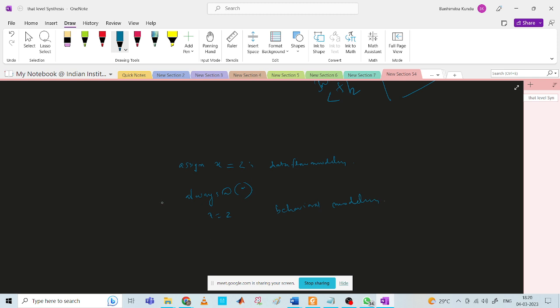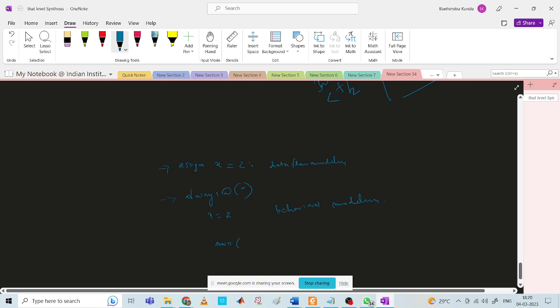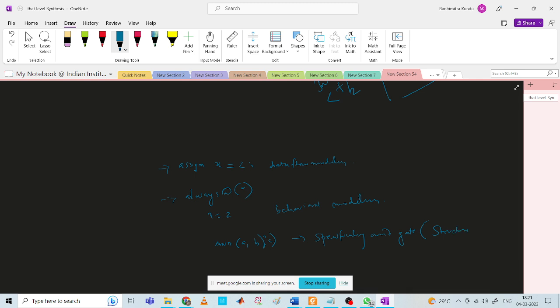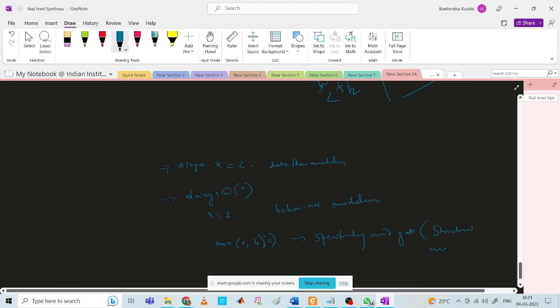And then when we have something like, let's say, and a b, okay, and let's say c, so you are specifically calling one AND gate, so this is called as structural modeling, okay.